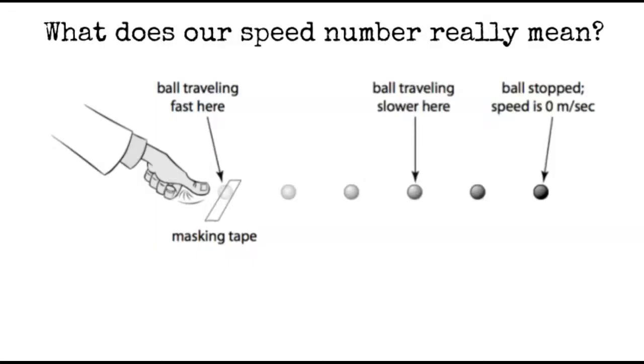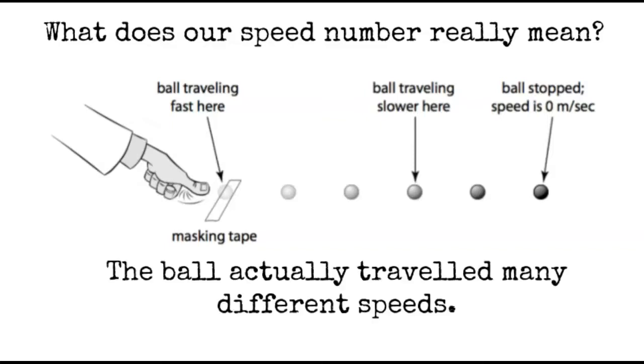All right, so let's now look a little closer at what we were actually measuring, because the ball did a lot of different things, right? It started out quickly at the beginning, and then it slowed, and in some cases it stopped. So actually, the ball traveled at a bunch of different speeds. So we need to be even more specific in our definition here.